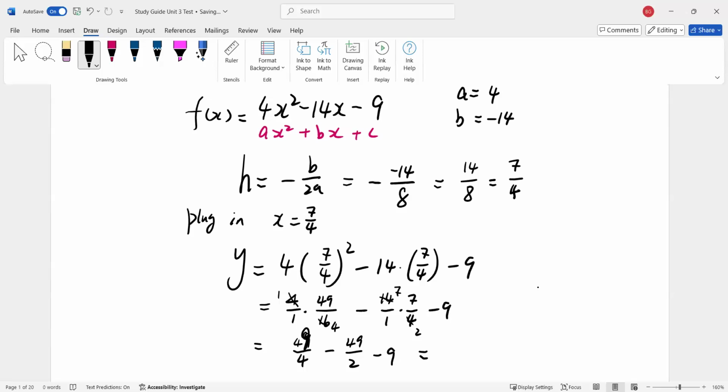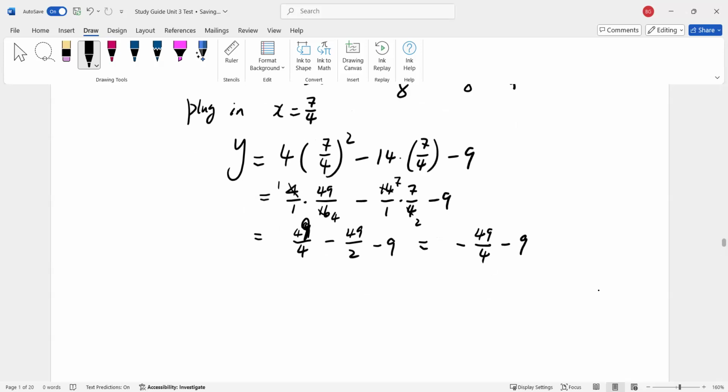Knowing 49 over 2 is twice 49 over 4, we have a negative 49 over 4, and then minus 9. Both of them are negative. We can rewrite 9 as 36 over 4. 36 divided by 4 is 9, right? They have the same denominators. Keep the denominator 4. Negative 49 minus 36 gives us negative 85.